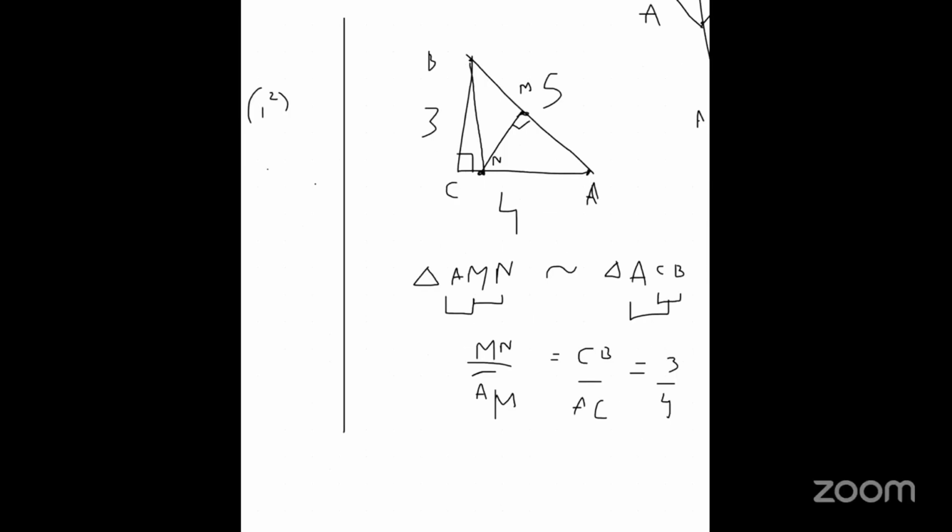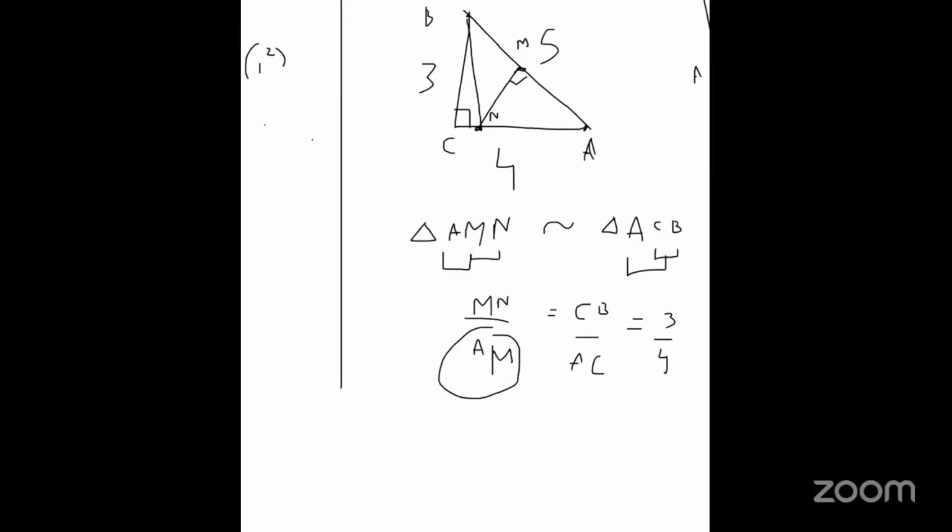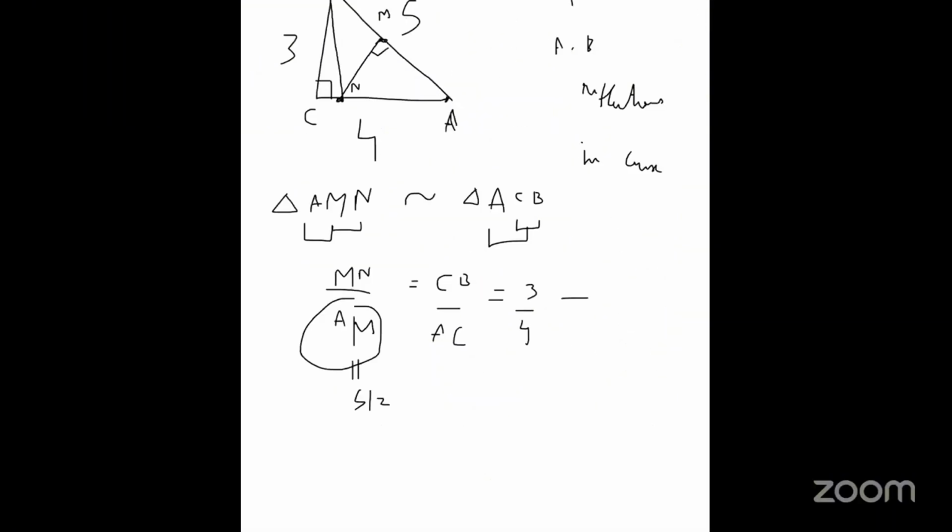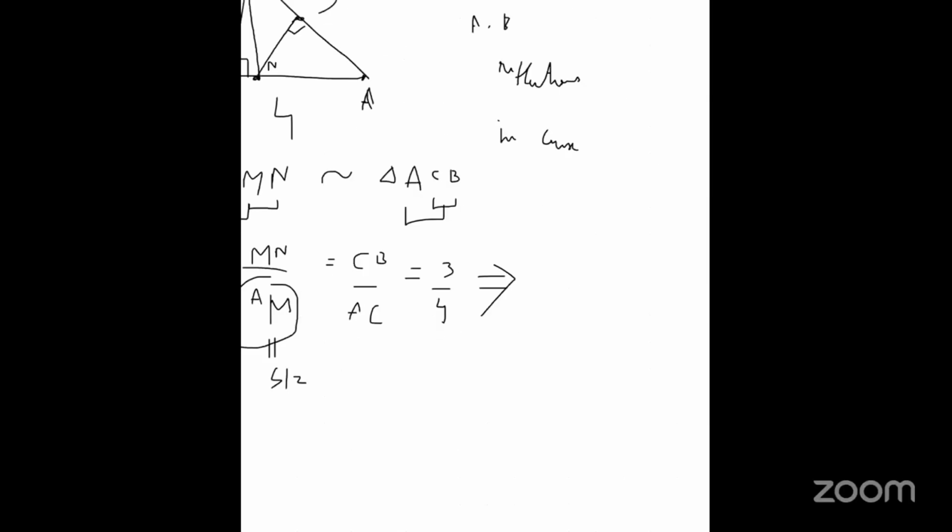And AM is simply half of AB, which is 5/2. So from this similar triangle pairing alone, you get MN equals 3/4 multiplied by 5/2. It's equal to 15/8, I think. So that's one way of doing it.